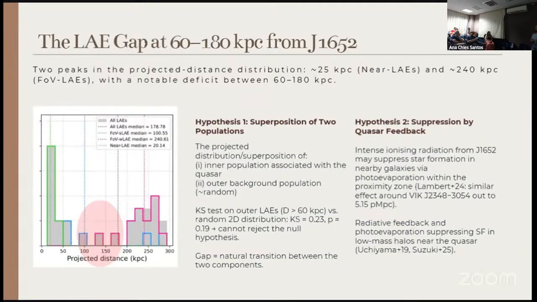Because remember, Lyman-α emitters are star-forming galaxies with the youngest stars. So probably some time ago, the quasar, the AGN, ejected a radiative feedback that can evaporate or suppress the star formation around the halo of this quasar in this region.